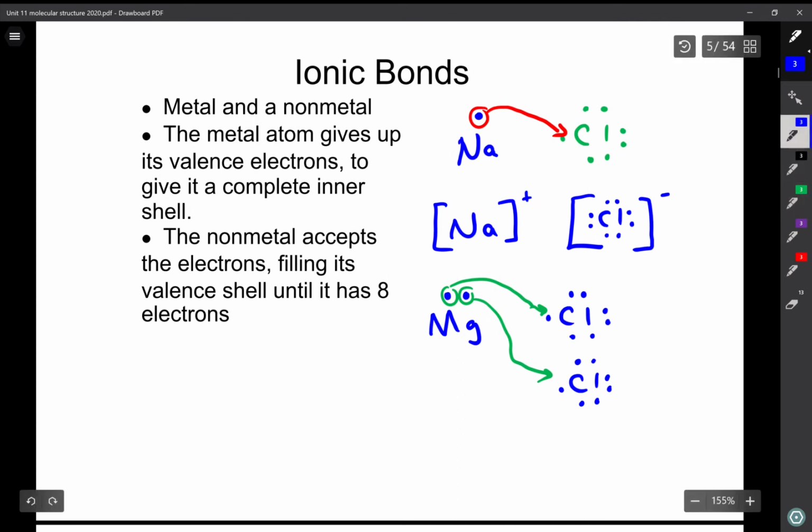Now, to write that, a couple different ways are acceptable. Again, we'll write the magnesium in brackets, and since it lost 2 electrons, we have a +2 charge.